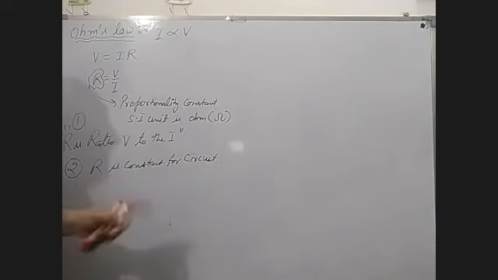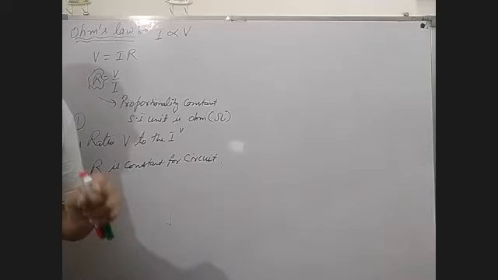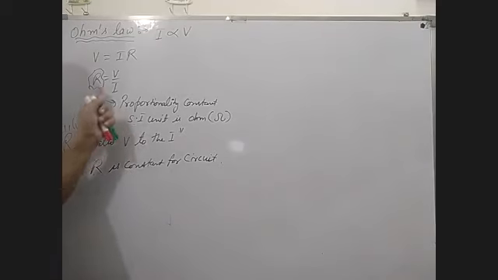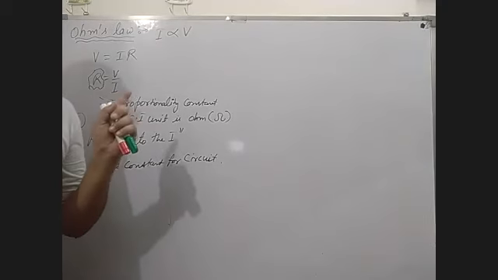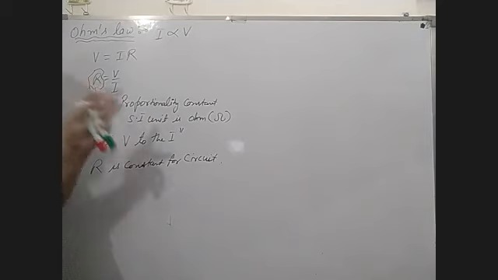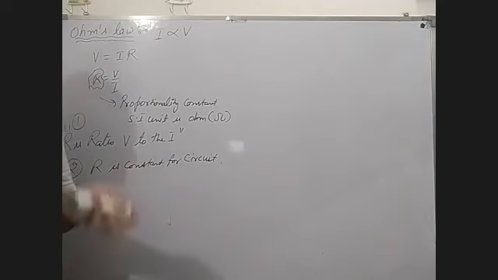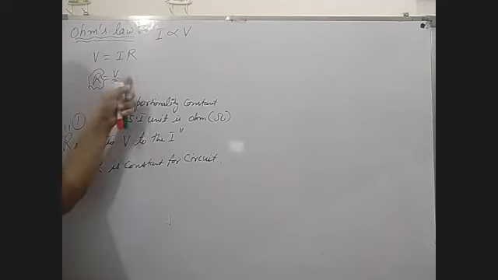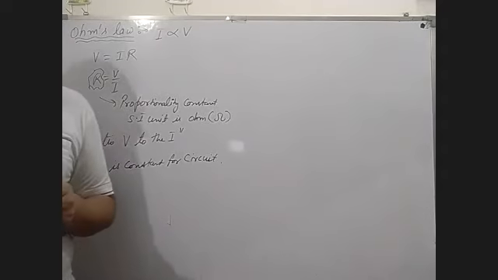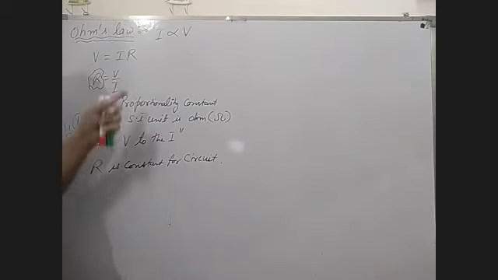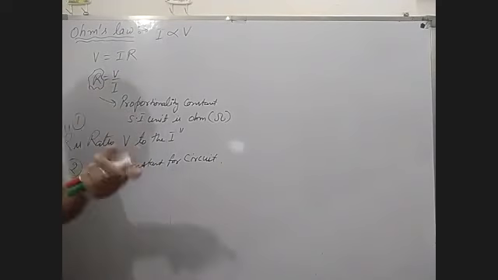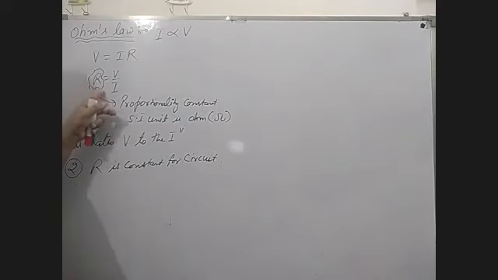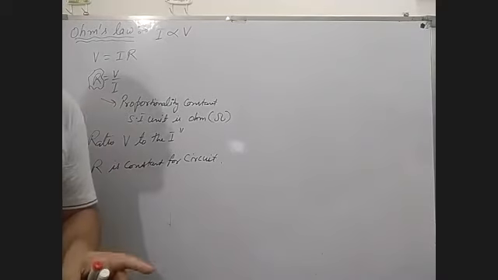I am telling you this again and again because there are so many students who have doubt in this. What is resistance? This is also the formula for calculating resistance. Now what happens if voltage increases? Some students will answer that resistance also increases.